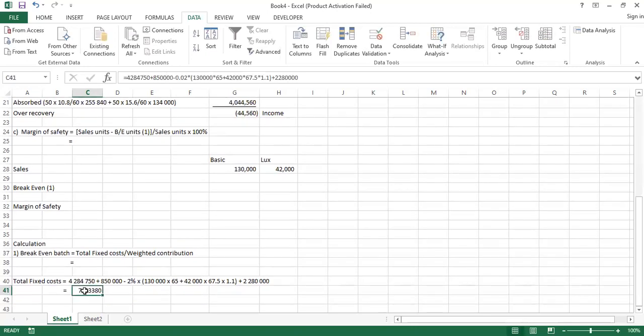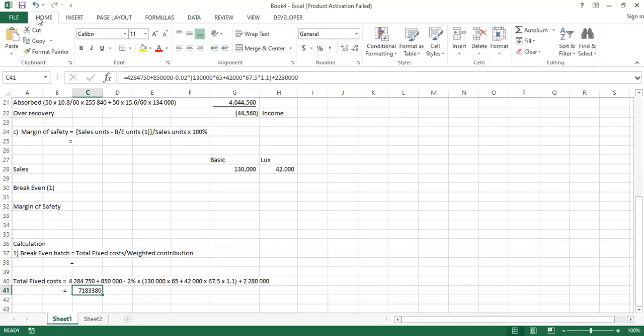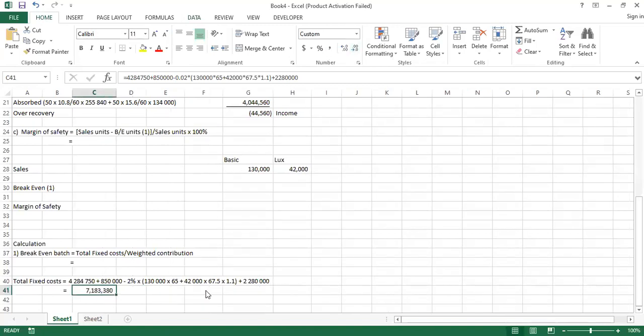Right. So you always want to check and see if your workings are matching. Let me just show you how you go about that. So if you look at, for instance, your 130,000 here, it must come from somewhere.